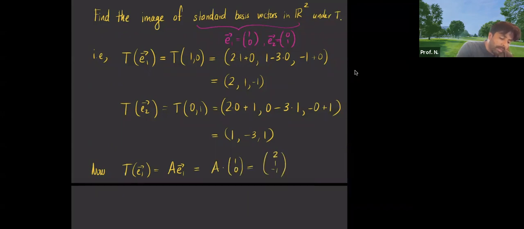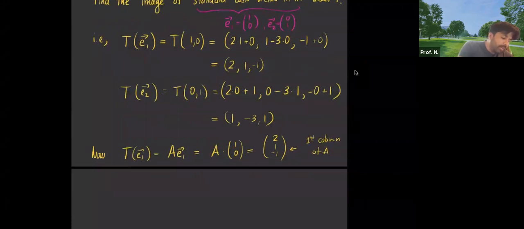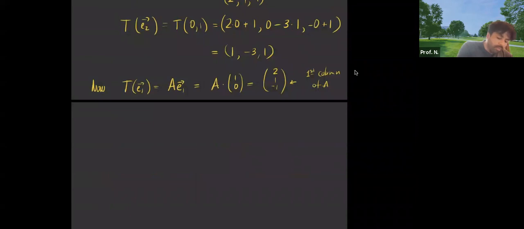This means that this is the first column of A. By applying left multiplication of A on 1, 0, and this has to be a 3 by 2 matrix, the first column must be 2, 1, negative 1.